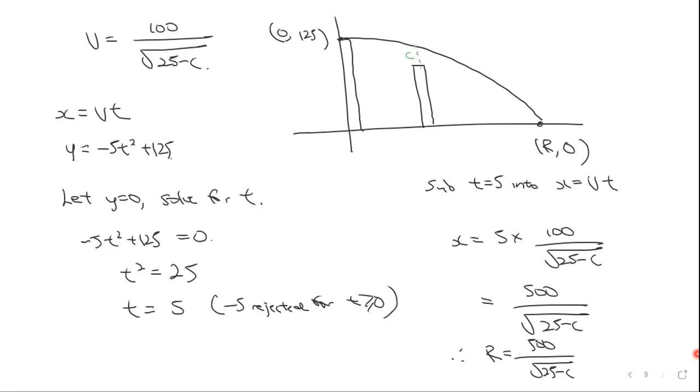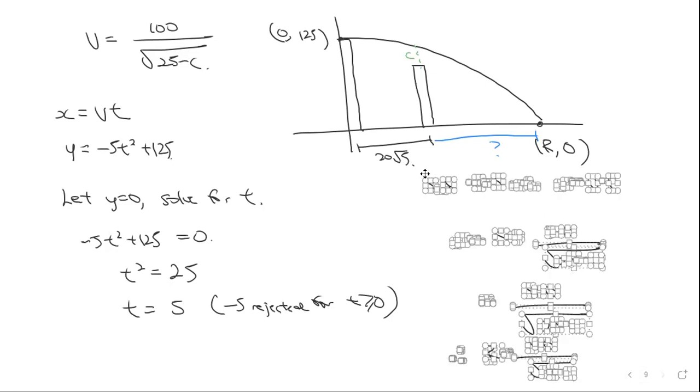Now, you have to read the question carefully. The question says, how far past the 100-meter tower will the projectile strike the ground? So you know that this distance is 20 root 5. So we've worked out r. So they're really asking for the distance there in blue, which is very simple to work out now that you've got r and you know the distance.